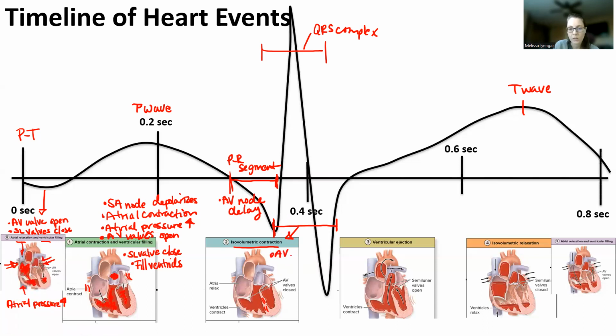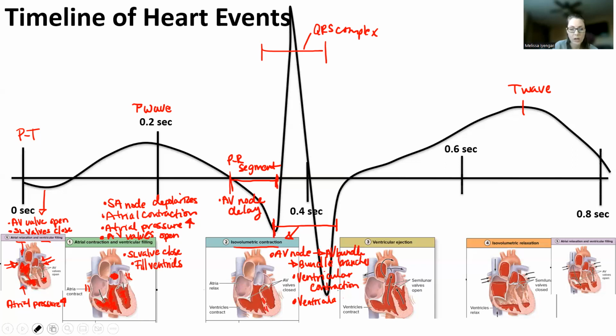So AV node to AV bundle, and then we start to contract bundle branches. As this occurs, obviously we have ventricular contraction. Okay, the ventricles start to contract, and as the ventricles contract, ventricular pressure increases. Sorry about my handwriting.